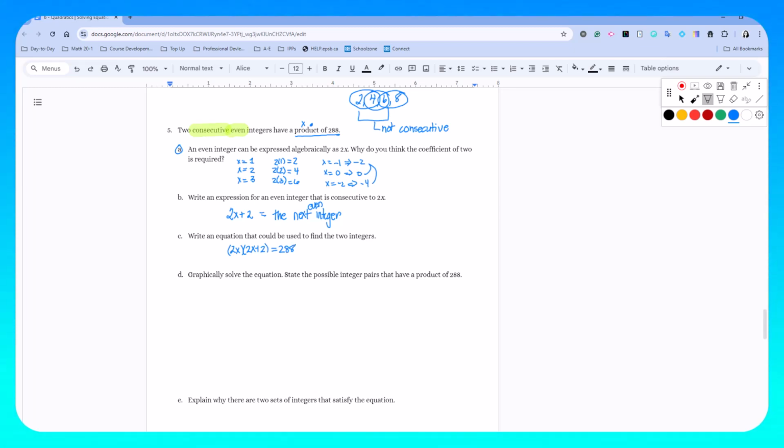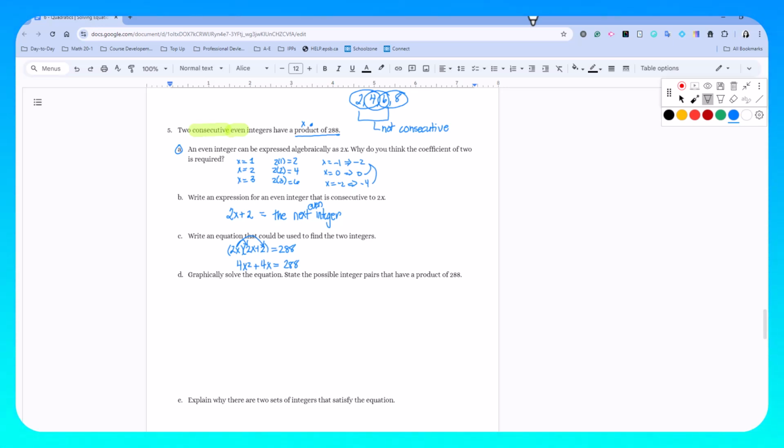This is an equation. We can FOIL or distribute this out, and we'll get 4x squared plus 4x equals 288. Again, it's an equation. We need to find the value of x that makes the statement true. In other words, we're looking for the roots.